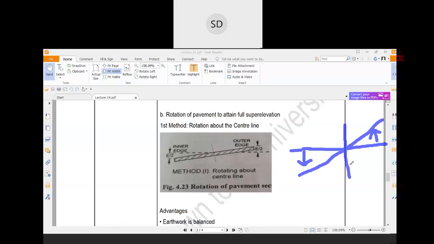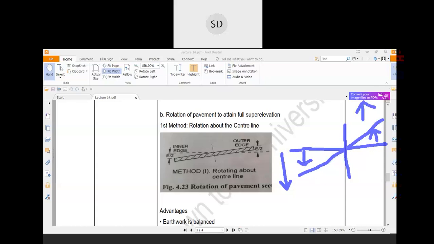So there are some disadvantages in this work and some advantages also. The advantage is that, in that case, the inner portion of the road is below the central line, and the outer portion is above the center line. So whatever earthwork is excavated over there can be used over there to achieve that particular height.